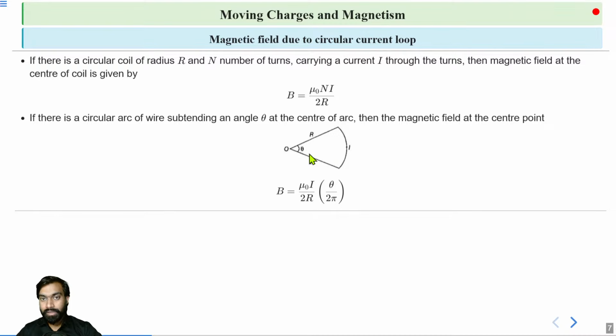So the magnetic field B at the center due to this arc is given by B equal to mu naught I divided by 2R into theta upon 2 pi. So this formula is very important. Here we have two formulas. First, magnetic field due to a circular current loop at the center, and second, magnetic field B at the center of the arc.